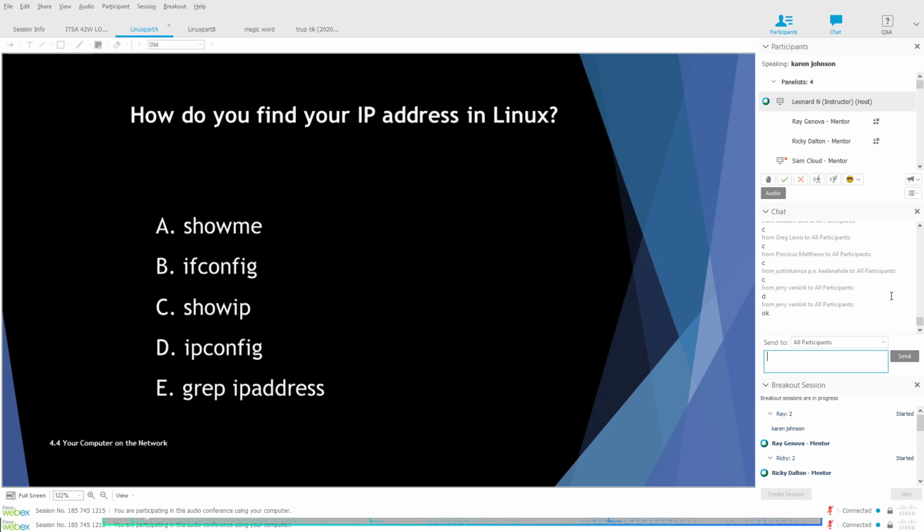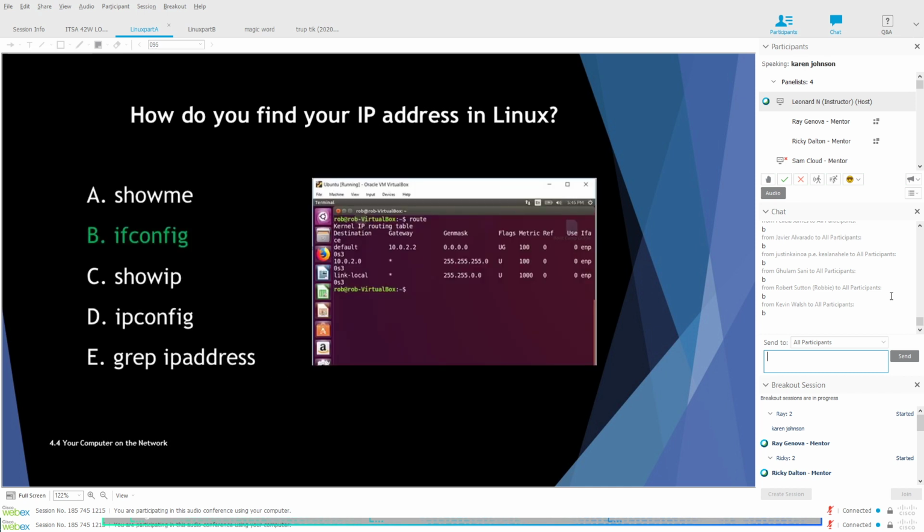How do you find your IP address in Linux? Yeah, sure, it's not ipconfig. I think we talked about that earlier. ifconfig. Here's what's awesome on the slide. They did the route command.